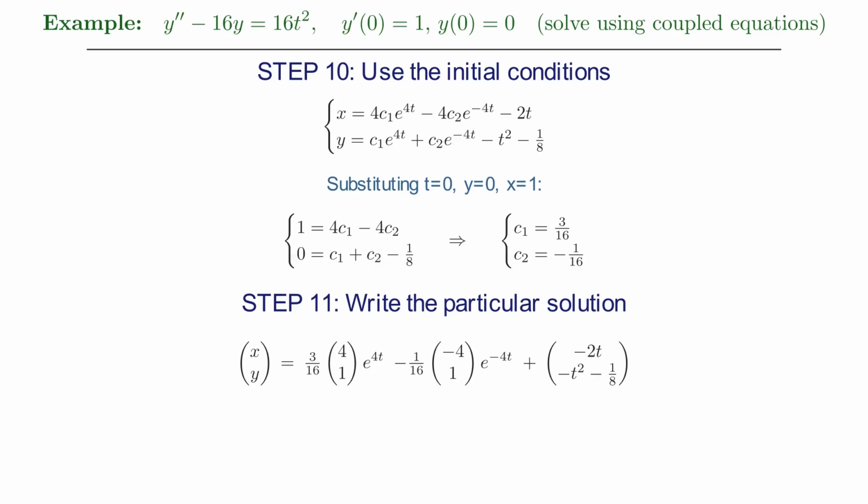Remember that the top row is our derivative, the x, which is y prime, and the second row is our solution for y. So we can read off the solution by reading that second row. y equals 3 over 16 e to the 4t minus 1 over 16 e to the minus 4t minus t squared minus 1 over 8.